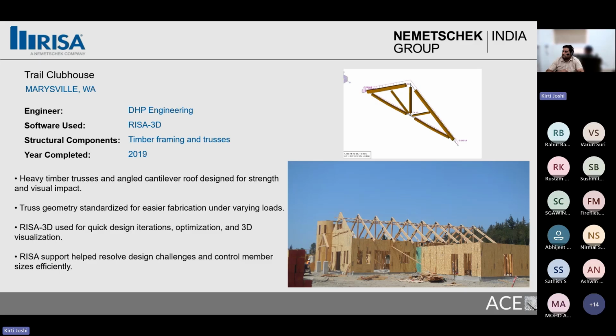Using RISA 3D, it was easy to model the timber framing with several design iterations, and it helps in optimizing the member sizes as well. So this project clearly shows that RISA 3D is not just for steel and concrete. It is also a tool for timber structure design.